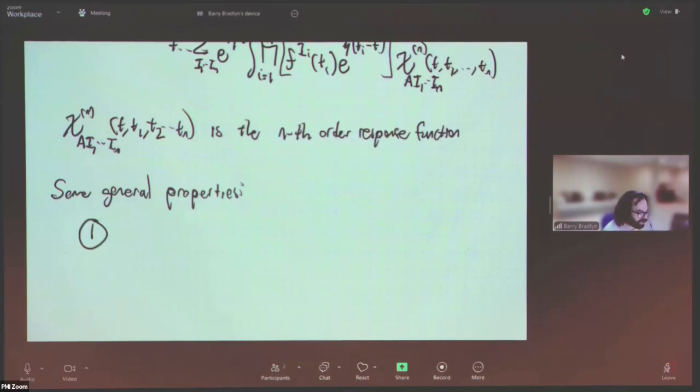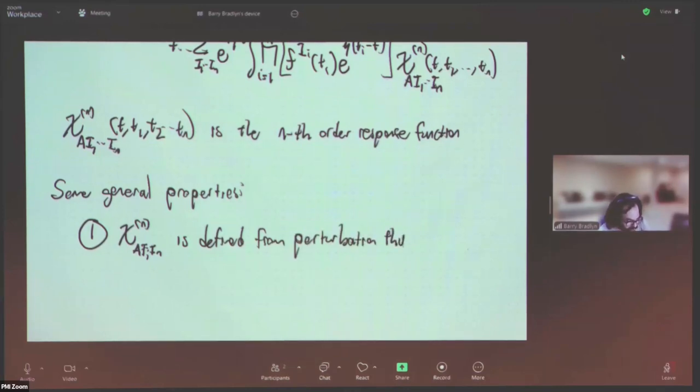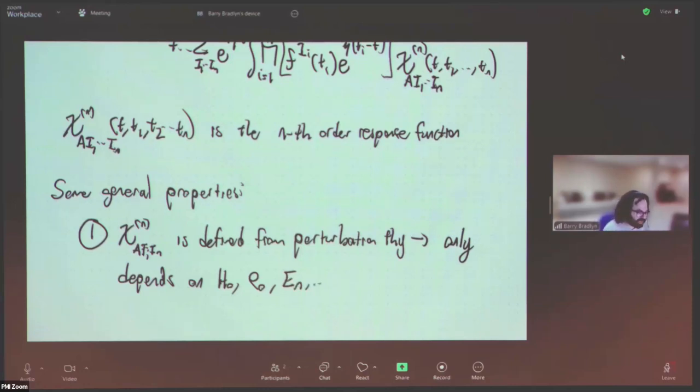So the first thing is maybe a little bit obvious, but it's worth saying. Because these chi's are defined with perturbation theory, this means that they only depend on the unperturbed Hamiltonian, and the unperturbed density matrix and the states, etc. And it's worth emphasizing this because this is the whole reason why these functions are interesting.